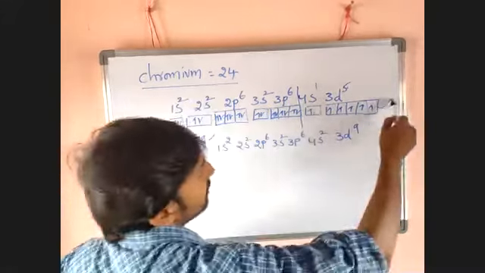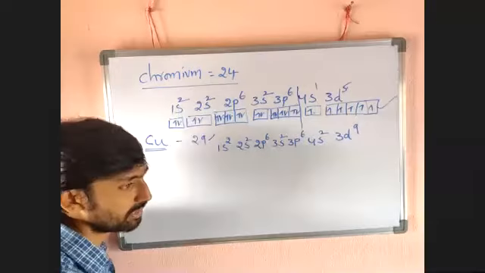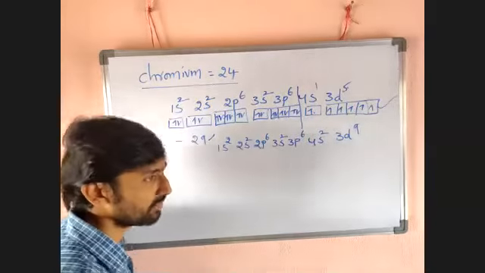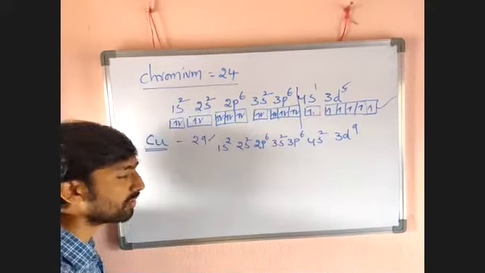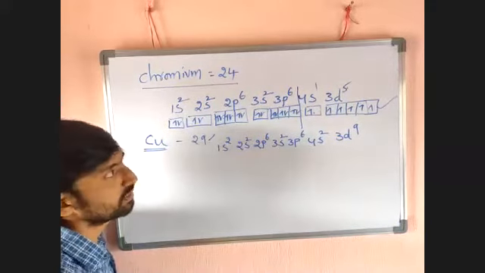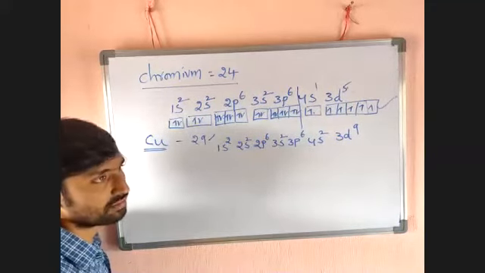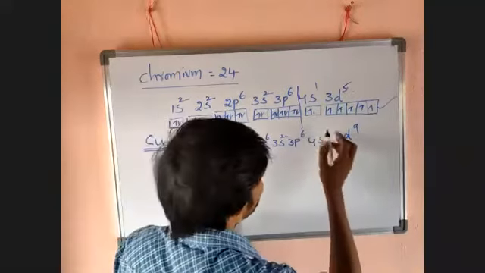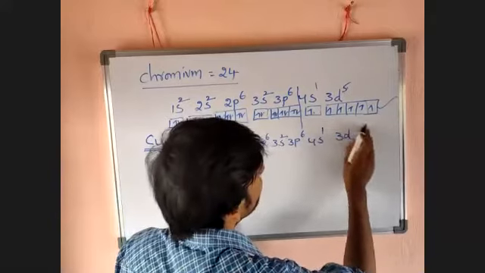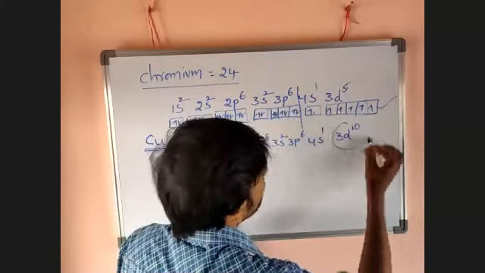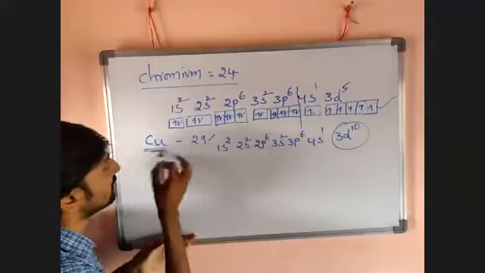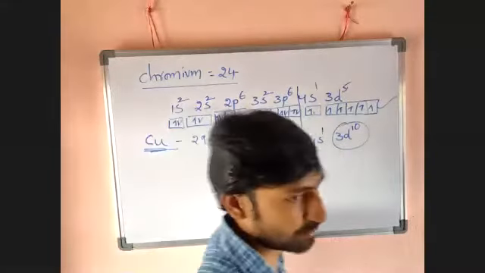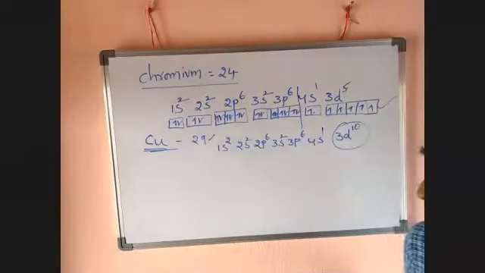Already I told you that for stability, elements containing fulfilled and half-filled electronic configuration are more stable. So they can rearrange their electrons for getting stability. This s electron can jump from the s orbital to the d orbital, and d will become completely filled, and that copper will become more stable.